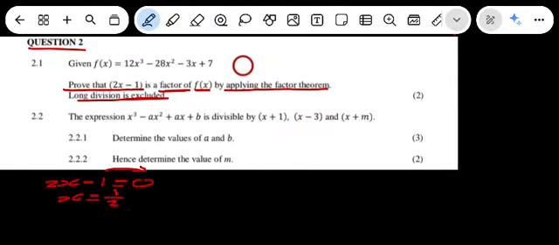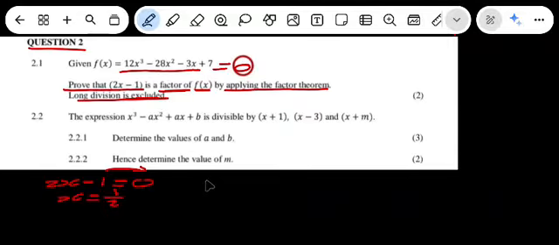You'll have 1 over 2. That is our x. So since it's a factor, it should be equal to 0, so we take this 1 over 2 and substitute it into the original equation. Where we see x, we replace it with 1 over 2, and then we're supposed to get 0.